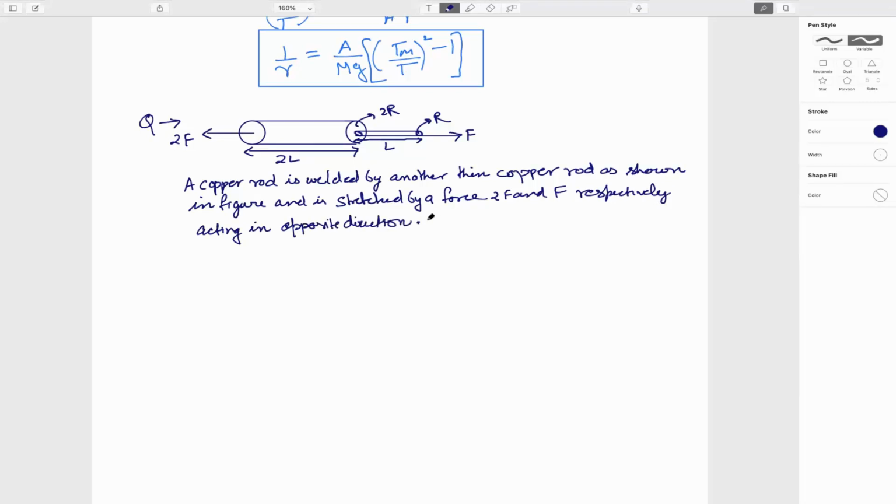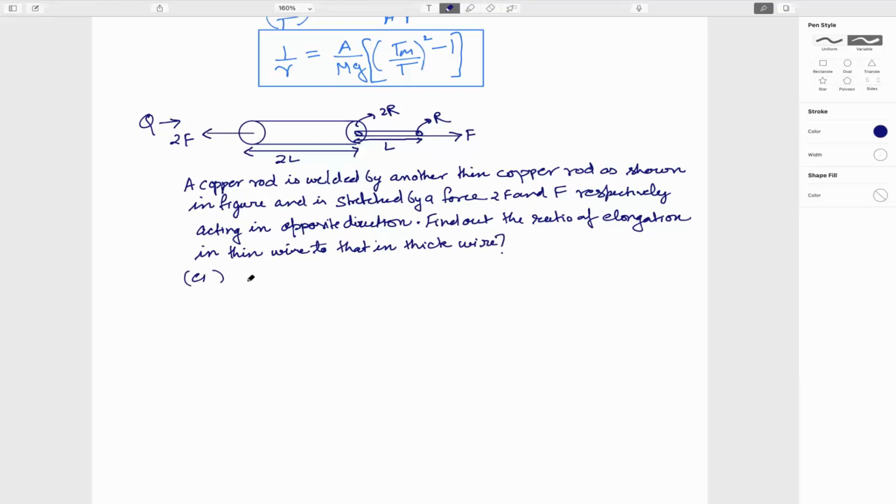We need to find out the ratio of elongation in thin wire to that in thick wire.